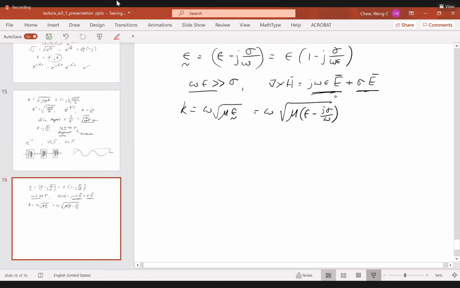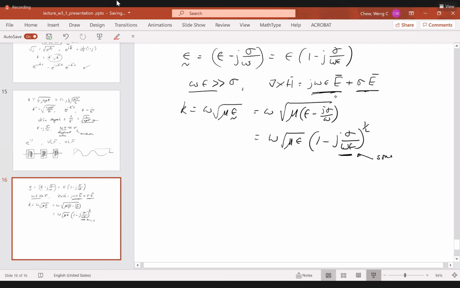If the second term is small compared to the first term, you can make approximations that this is omega squared mu epsilon times 1 minus j sigma over omega epsilon, to the half. So you have something where this term is small.